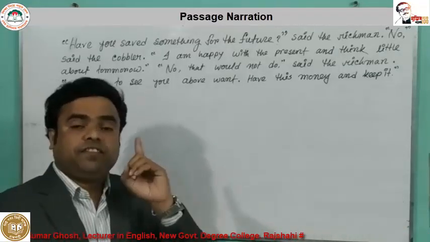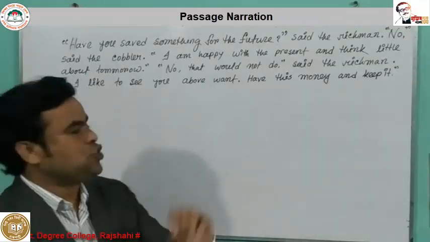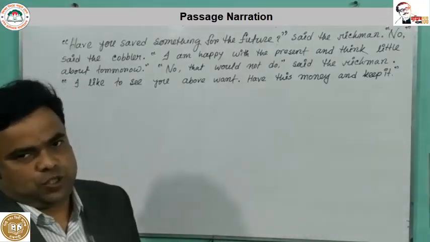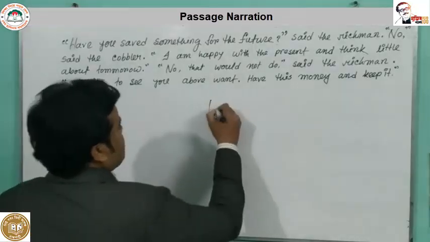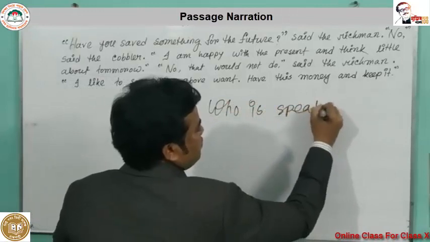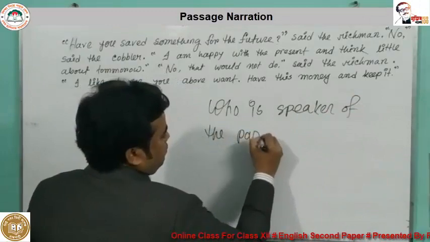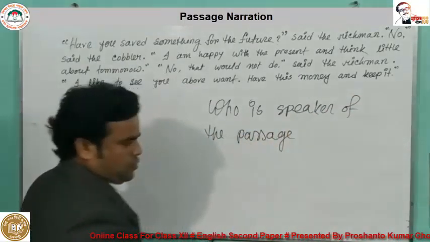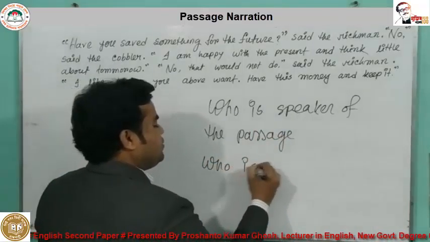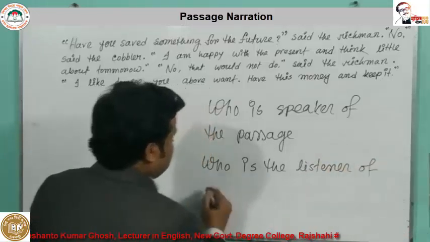So the first rule of changing speech in a passage is that you have to find out the speaker and listener first. Who is the speaker of the passage? And who is the listener of the passage?